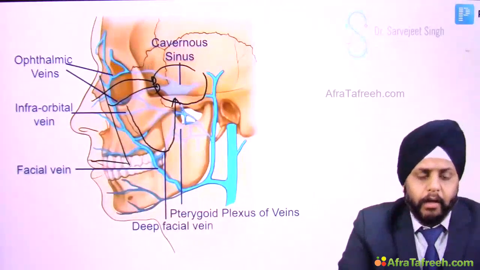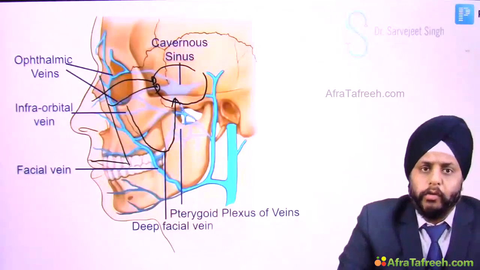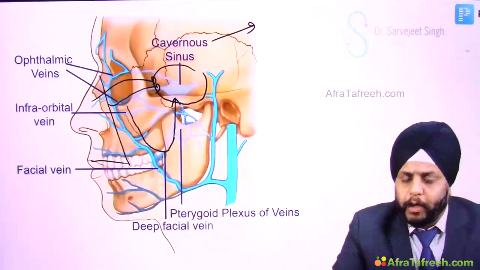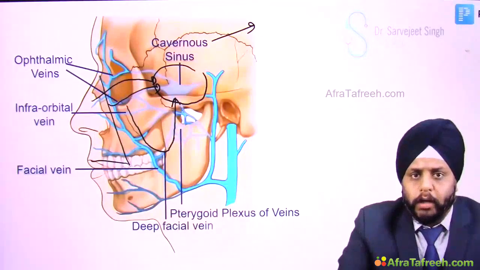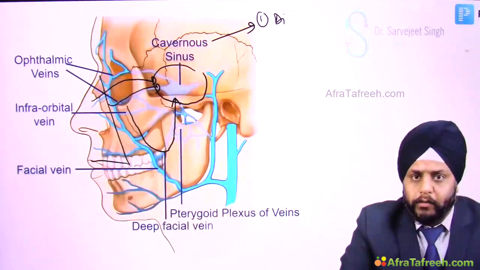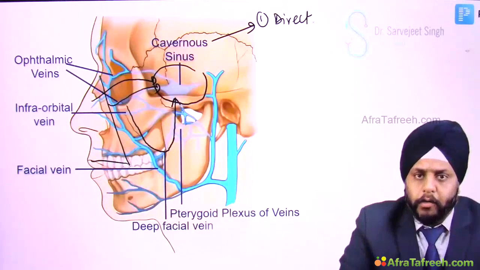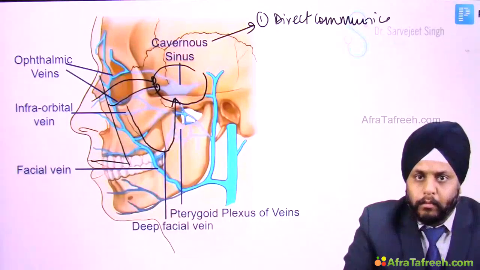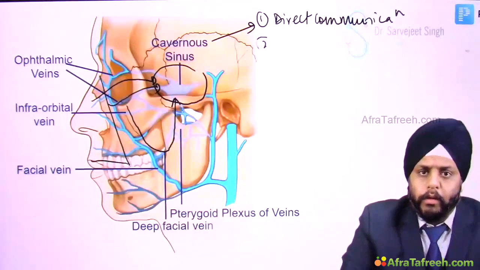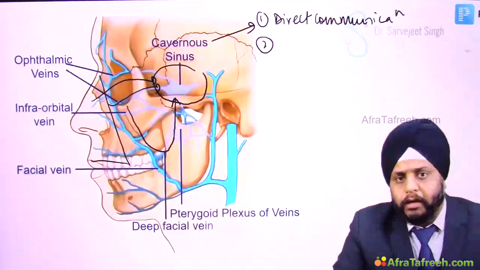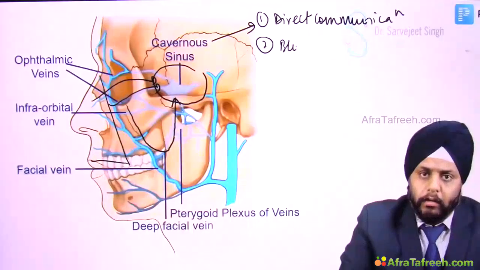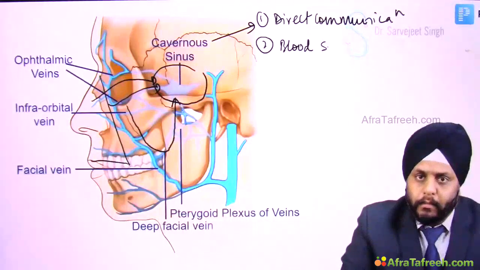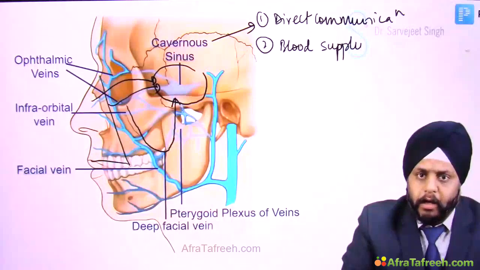Okay, remember the factors contributing to the spread of infection from the face to the cavernous sinus. Number one is the direct communication. As you can see, there is direct communication. Number two, we know that the blood supply of the face is high, so the blood flow is very high.